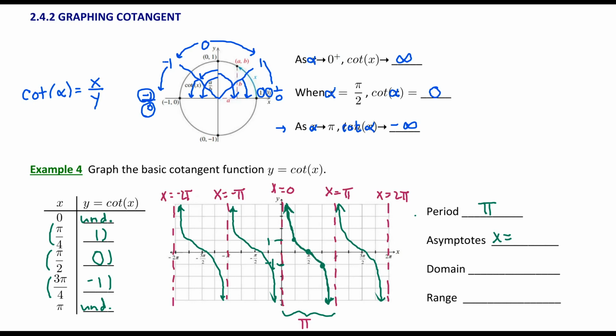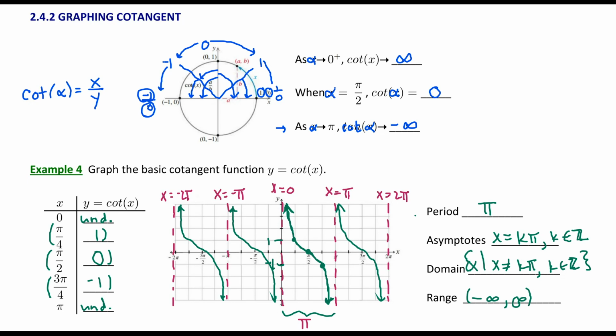An asymptote occurs at every integer multiple of pi. So the equation of all of the asymptotes of cotangent could be expressed as x equals k pi, where k is an integer. Similarly, the domain is going to be the set of all x such that x does not equal k pi, where k is an integer, as those values lead to undefined results for cotangent. And like tangent, the range of cotangent is from negative infinity to infinity.